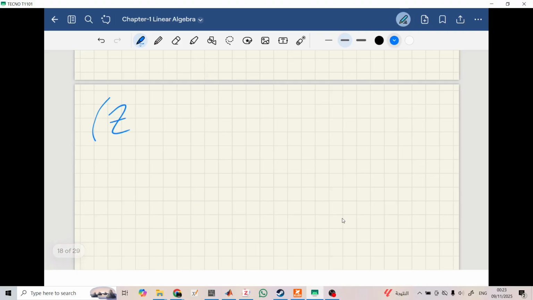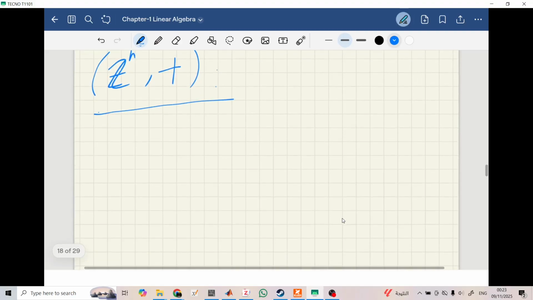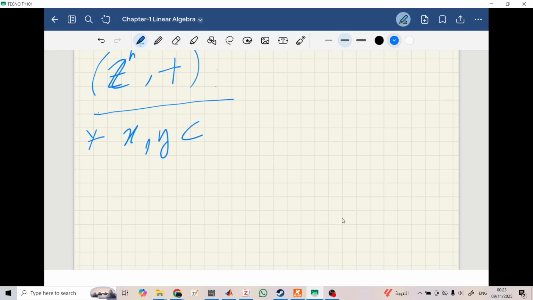So you have Z to the power n and the addition, right? Okay, first thing, closure. Let's say we have x and y. They are vectors belonging to Z to the power n.